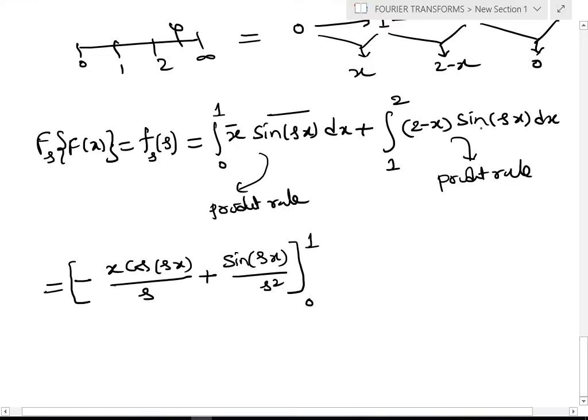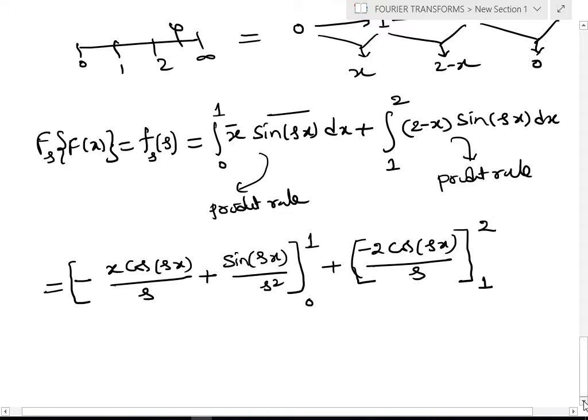The next one is 2 multiplied by sin of sx, which is very simple: minus 2 cos of sx divided by s, with limits from 1 to 2.